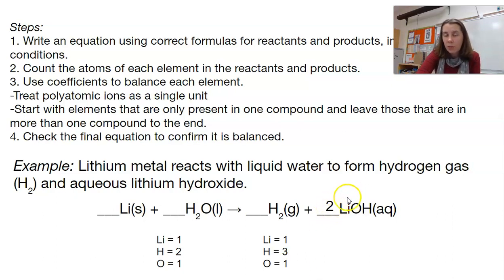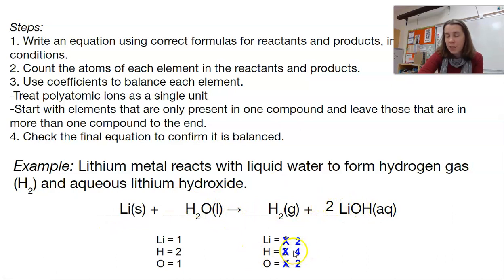If we add a 2 here, now we've got 2 hydrogens, and 2 hydrogens is 4 hydrogens. But again, we've also changed the lithium, and we've changed the oxygen. So now we have 2 of each of those as well. Which means that we now need to go back to this side and balance everything, because nothing is balanced at the moment.